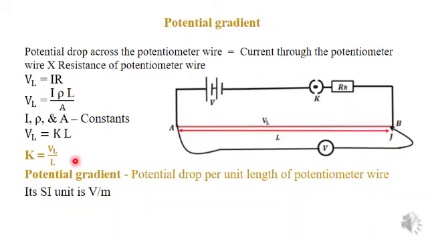So VL divided by L is the potential drop per unit length of the potentiometer wire. So K is the potential drop per unit length of the potentiometer wire. We can call it the potential gradient. So potential gradient is the potential drop per unit length of the potentiometer wire. Its SI unit is volt per meter.